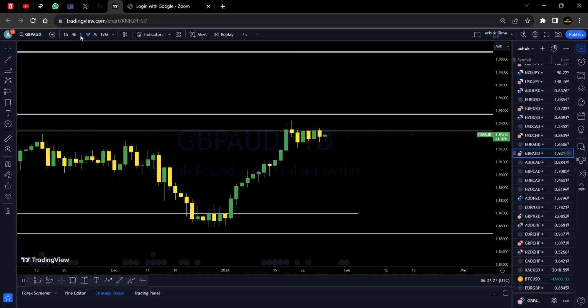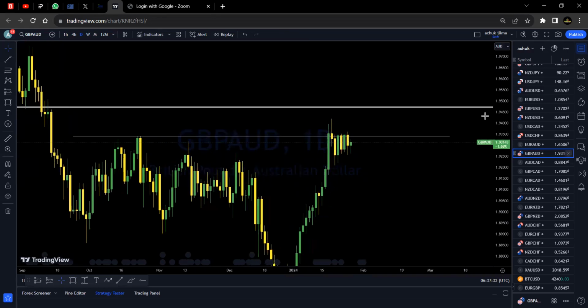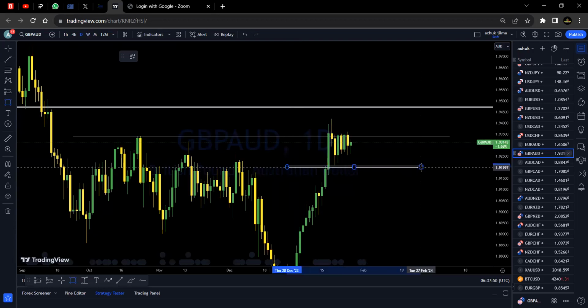So coming to the daily, this is what we have on the daily, okay? So you can clearly say, this is the first resistance we have, and market is reacting on this resistance. And now we have another resistance area here. But we need to understand also this candle here is a breakout candle, and then it took away this breakout candle.